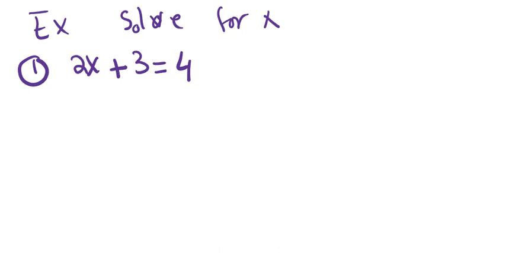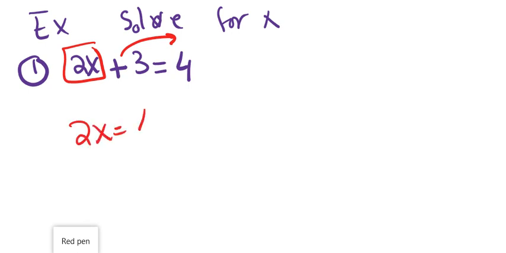How to solve it? First, we put the term with x in a square. Then we transfer positive 3, because it does not belong to 2x. Then 2x is equal to 4.